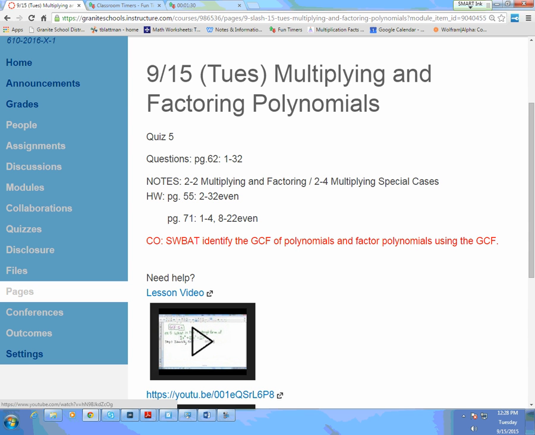Okay, so for the rest of the class, you need to have your book out and your notes that go with this lesson, and start on page 55 with the evens, number 2. Make sure you write it down on a separate piece of paper. Does anyone not have a book yet? Okay, I have a copy for you.